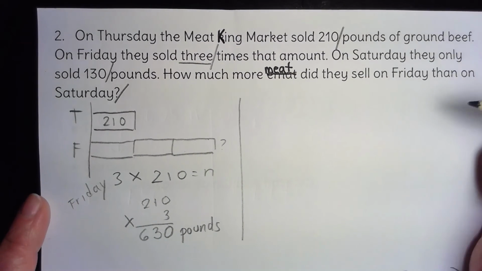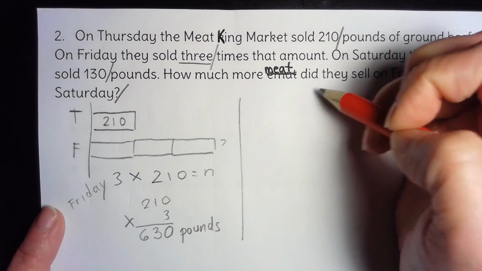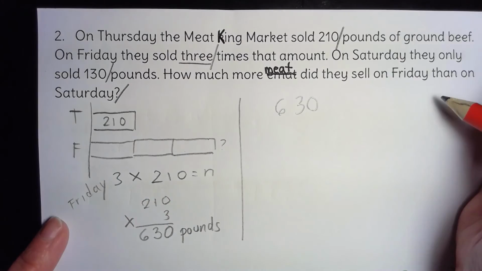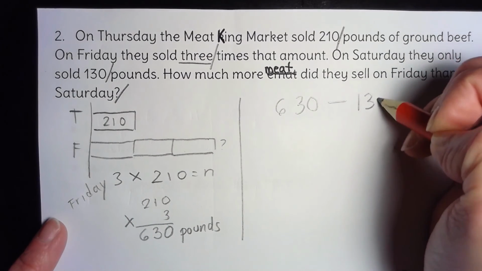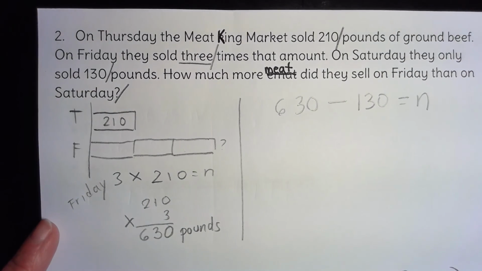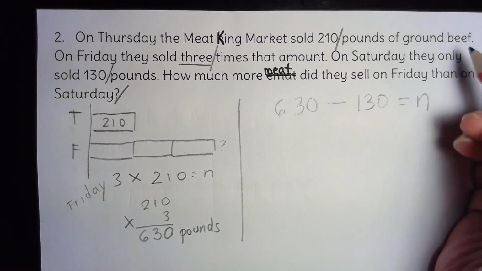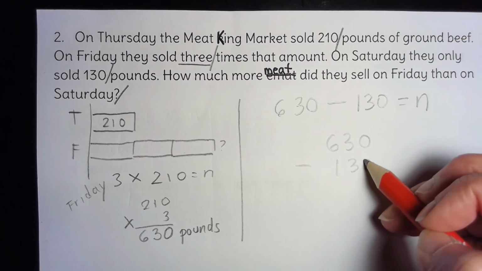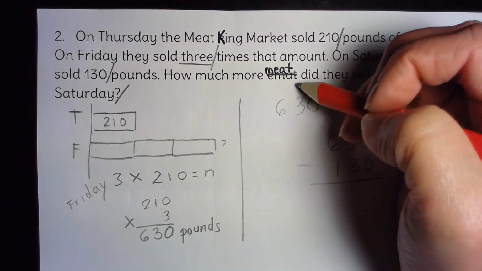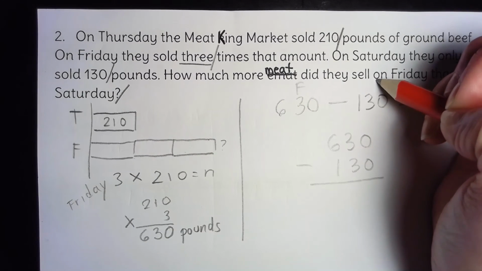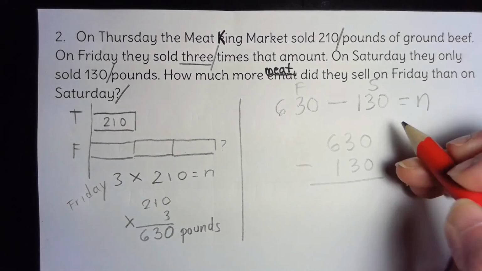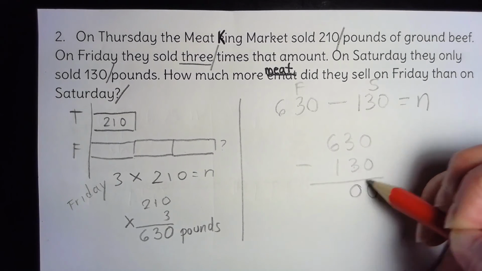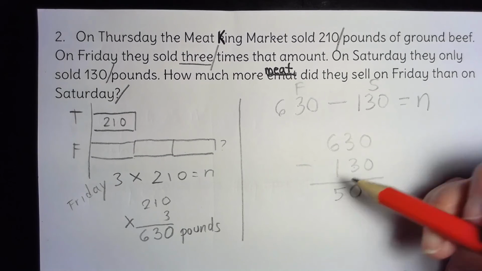So now if they sold 630 on Friday and on Saturday they only sold 130, then that's how we figure out how much more meat they sold. So 630 minus 130, and actually I'm just going to label this up here, Friday's amount minus Saturday's amount. 0 minus 0 is 0, 3 minus 3 is 0, 6 minus 1 is 5.